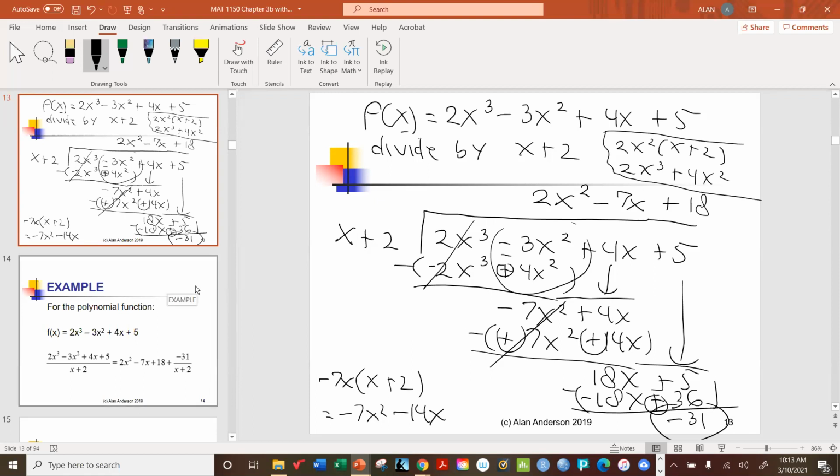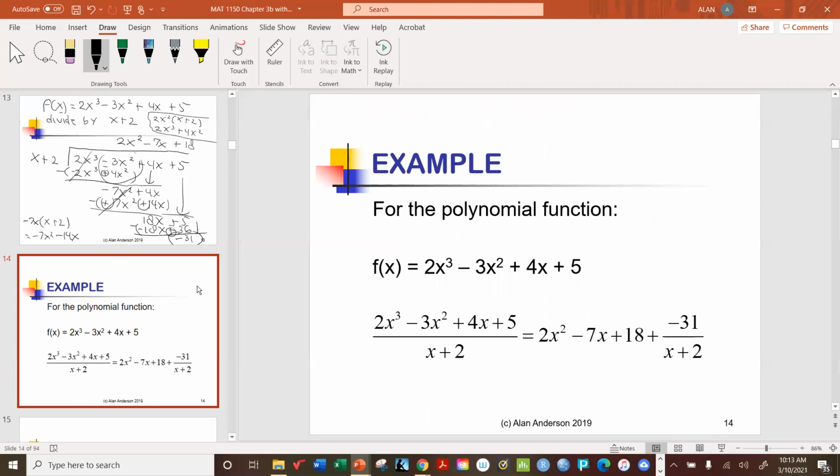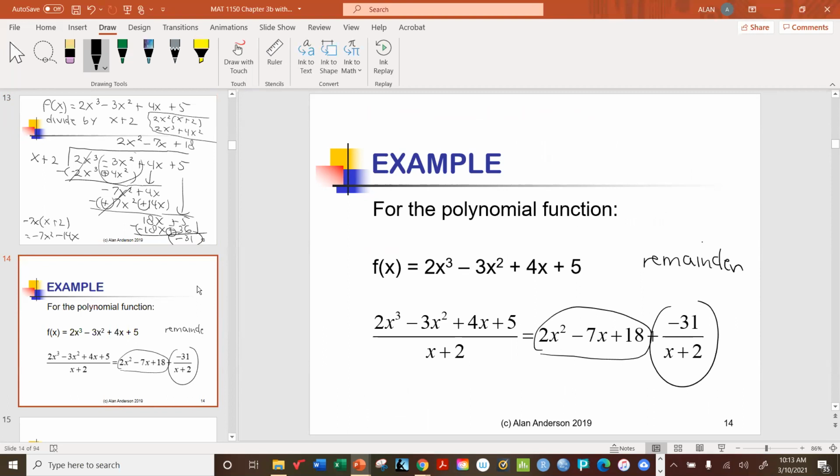Let me just show you, then I'll come back to this. You've got the expression I had here, plus this is my remainder. So this polynomial does not evenly divide into this one. Therefore we have a remainder.